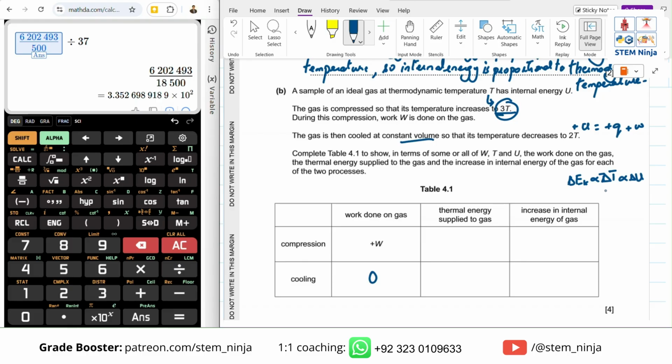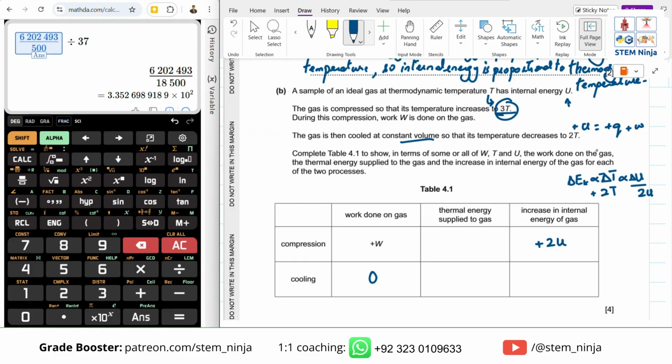So change in temperature is 2T, that means the change in internal energy will be 2U. So it's reflecting that change. So this is going to be plus 2U.